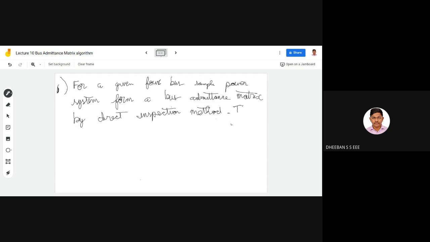So the impedance values are marked on the diagram.